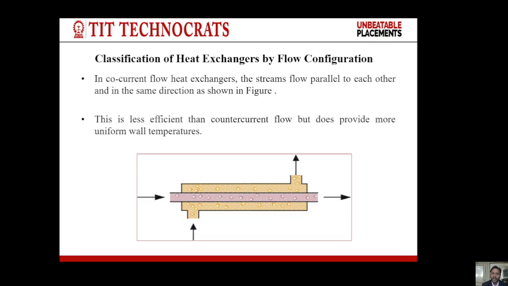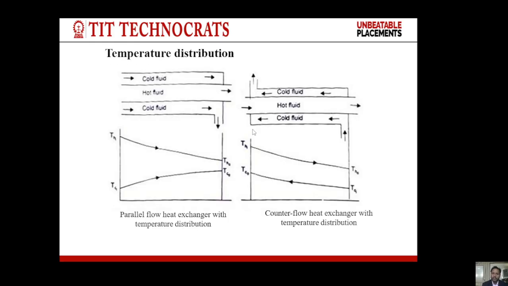Now another one is the parallel flow heat exchanger. Here both the cold and hot fluids flow in the same direction, and this is the figure. Here we can see the hot fluid is flowing in one direction and the cold fluid is also in the same direction. This is the temperature distribution which takes place inside a heat exchanger.